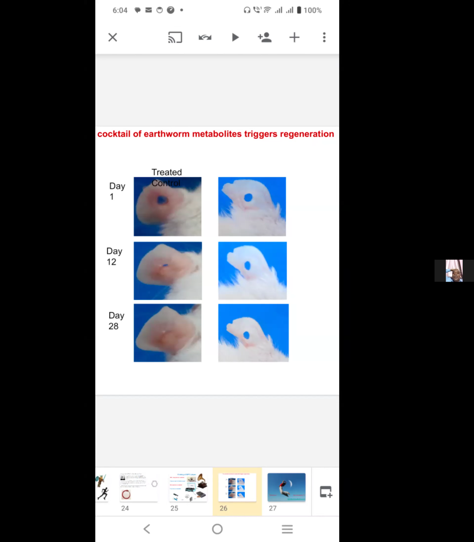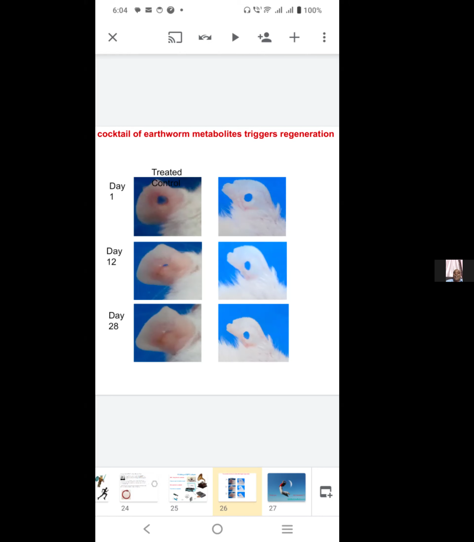And also this reagent is very good for wound healing. We created wounds in a different animal model, and then we applied this reagent, and we could see really faster healing of wounds.